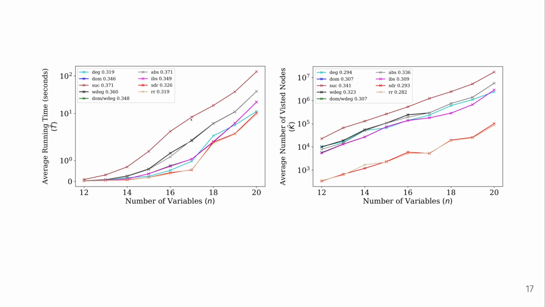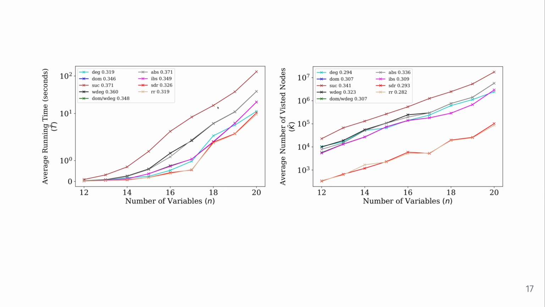Each cross here represents an algorithm's average running time on the random instances with a specific number of variables. For example, this cross represents the algorithm's running time on instances with number of variables equal to 16.